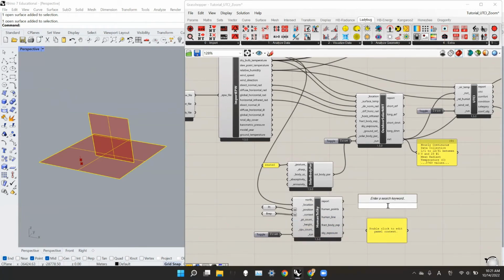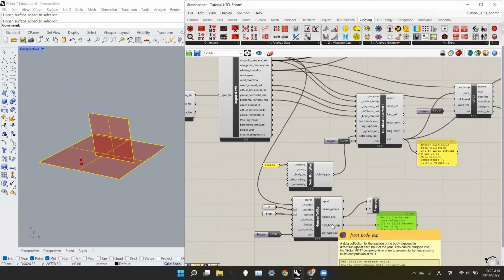So maybe we can use preview to look at where the person is. So this is the meter point, and this is the body. And this is the fraction of body exposed to direct sunlight.